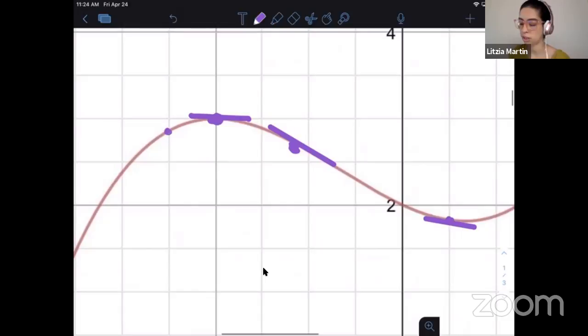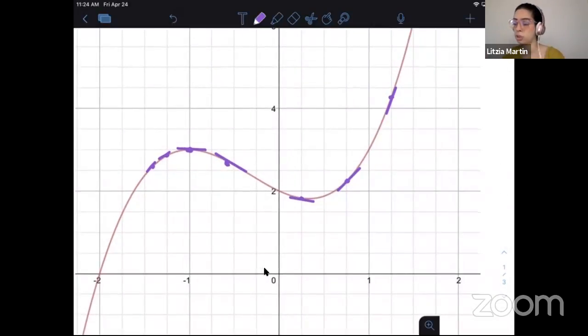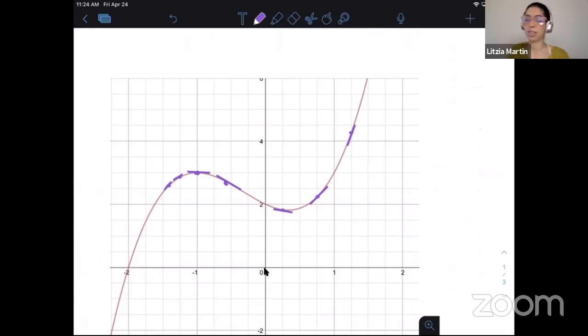And we can draw shorter segments so we can fit more along the curve. So we're looking at these little segments, and you can see how each segment, if they're small enough, pretty much almost create the shape of the graph. So that's what I mean by it helps us to visualize equations, and it helps us to see patterns along the way.